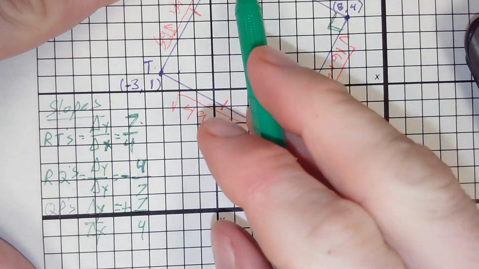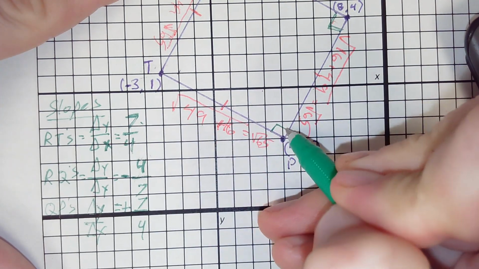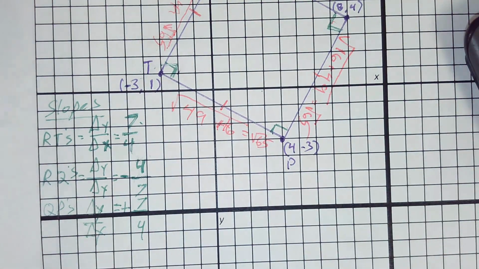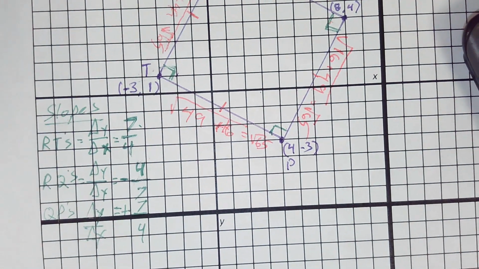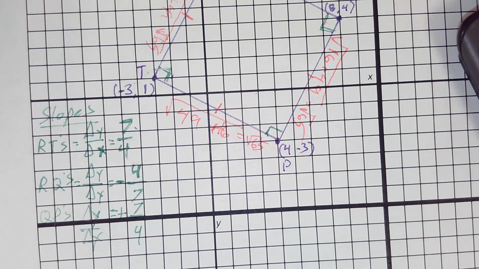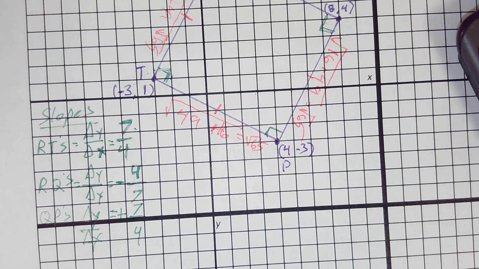So if this is a parallelogram, you can already say these are going to be 90 degrees. It looks like we have a square. And if it's a square, it's also a rhombus, it's also a rectangle, it's also a parallelogram.